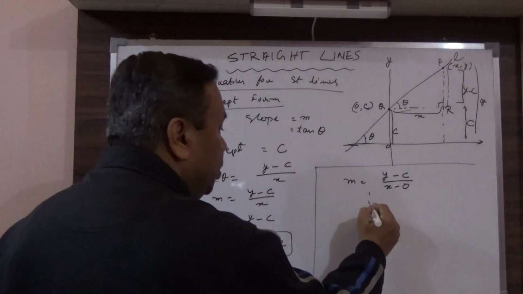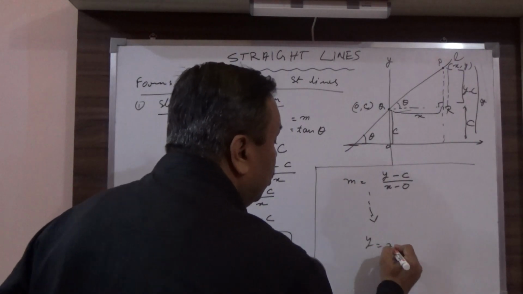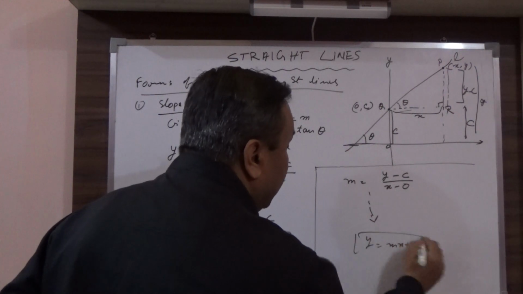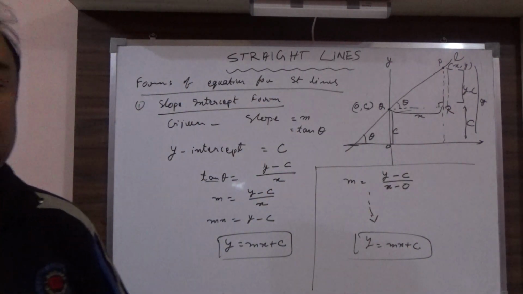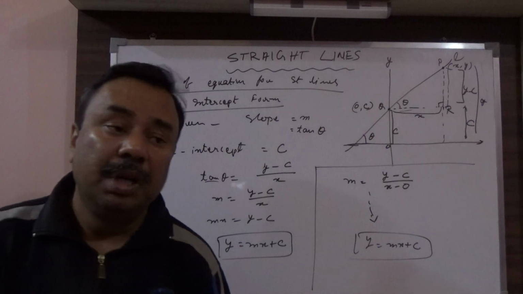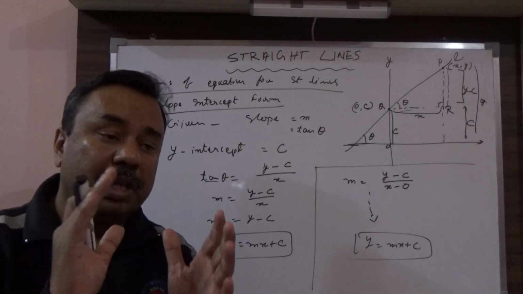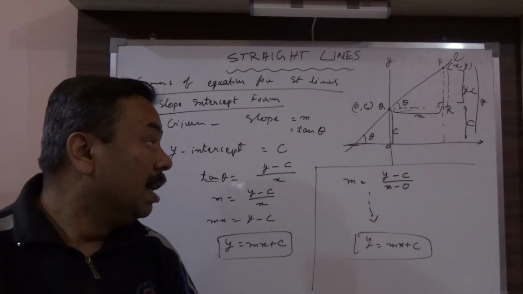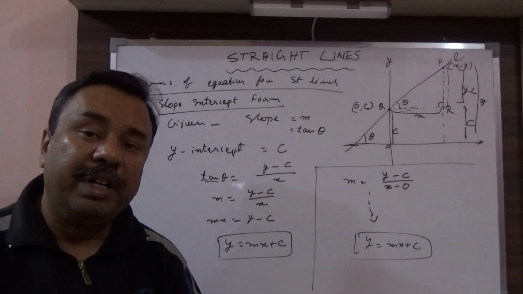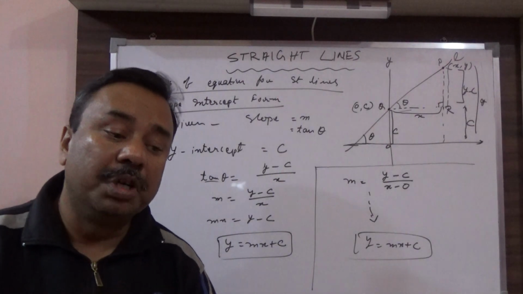So you just go on simplifying, and once again you will be getting y equal to mx plus c, and this is your slope intercept form. So if you are given the slope and if you are given the y intercept, then you can directly find out what is the equation.